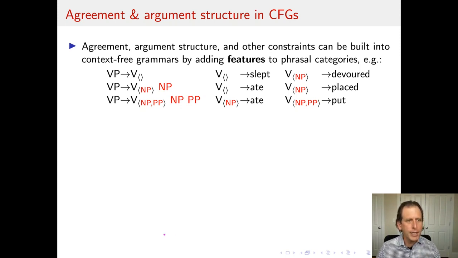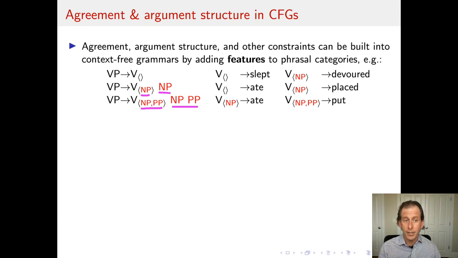So we might have 3 different VP rewrite rules that started out as VP goes to V, VP goes to V NP, and VP goes to V NP PP. And what we might do is simply take everything that comes after the verb and build that into the specification of the V label. So now instead of 1 V label, we have 3 V labels. We have a V which has nothing on it, which is an intransitive verb.